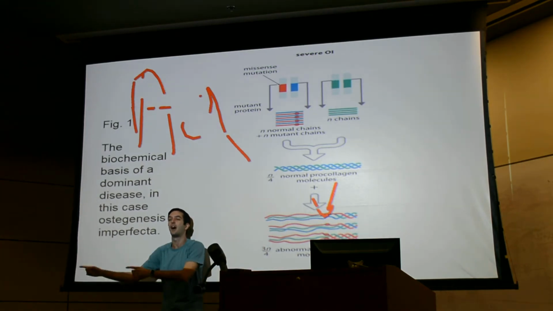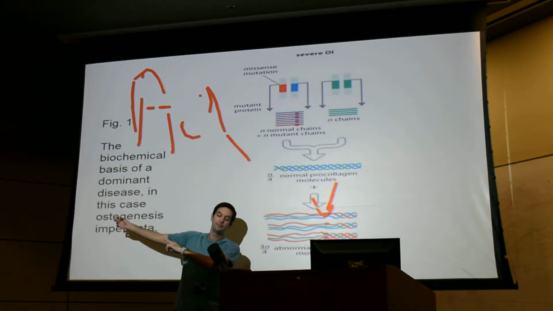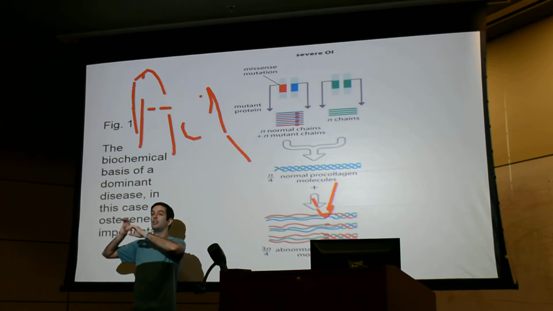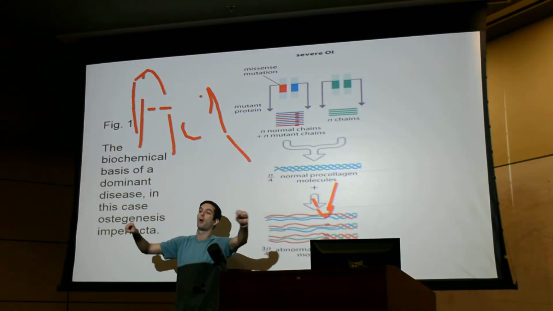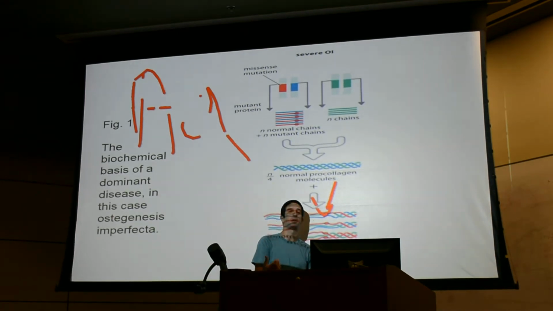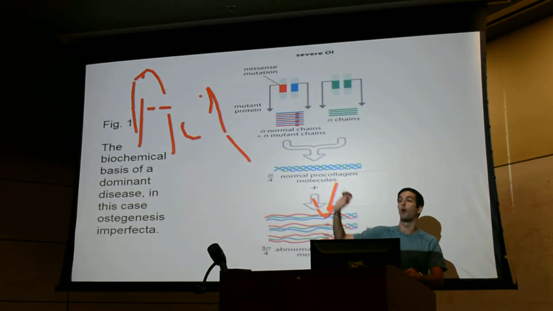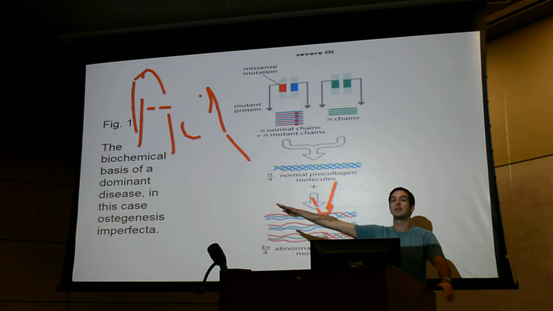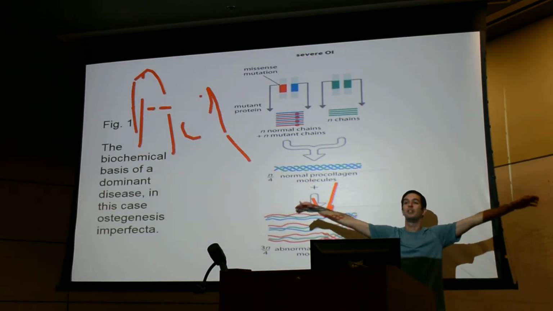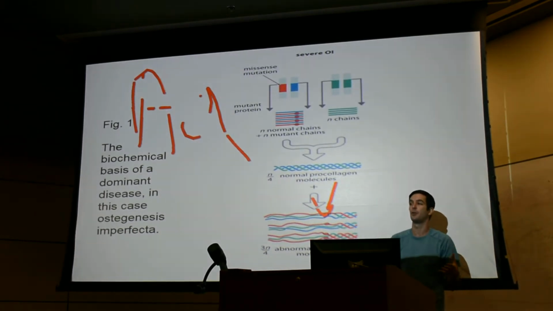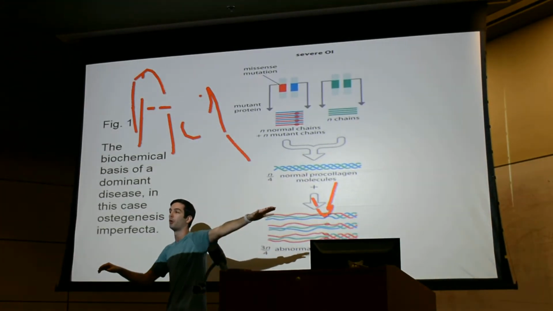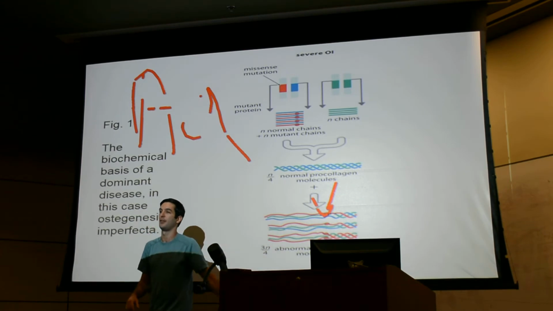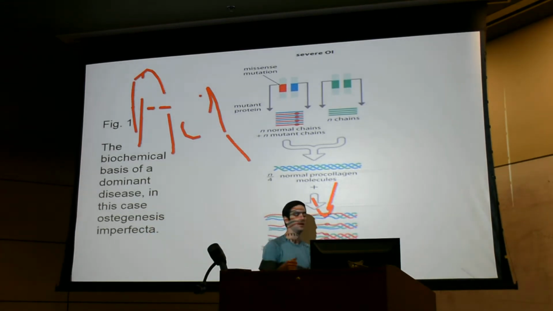So as soon as I add it onto that polymer, the collagen molecule is screwed up, because both of these are required to make that long polymer of collagen. Yes, there's a very small chance some collagens come only from the good one, but typically we're going to transcribe both of these. They make the subunits, and when those subunits come together, as soon as I add the bad one, it screws up the whole collagen molecule. And therefore, that's why it acts in a dominant fashion.